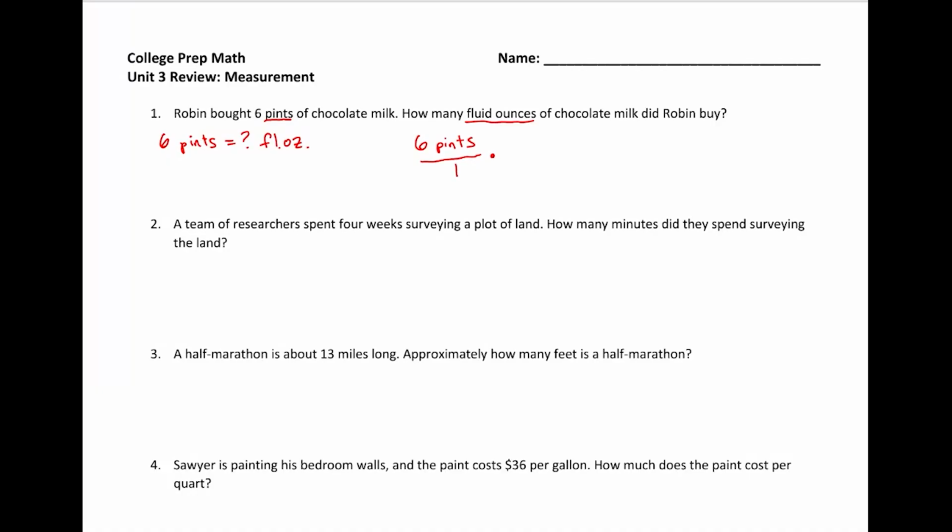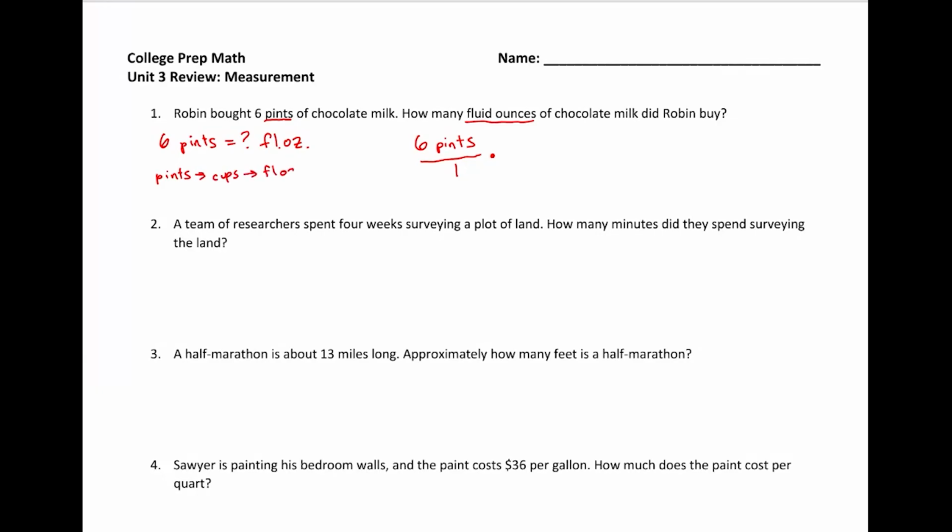Then you're going to multiply by each conversion factor that you have, and then hopefully end up with what you need. We can't go directly from pints to fluid ounces, though, but we do have a conversion between pints and cups and fluid ounces. So we're going to have to go pints to cups, and then to fluid ounces.